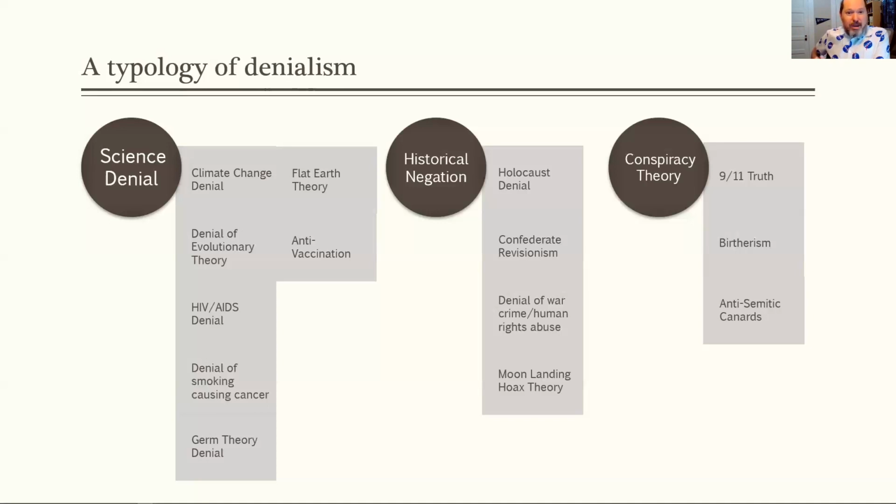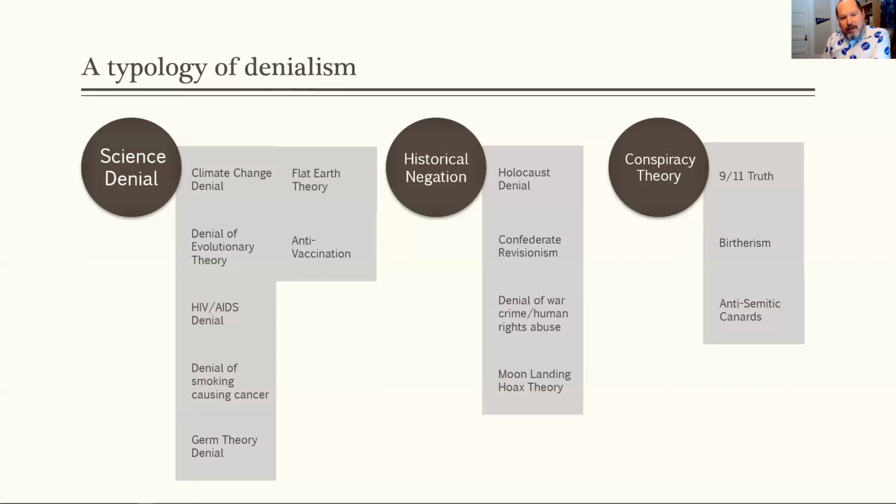Anti-vaxxers say big pharma is involved in a conspiracy to make people believe that these vaccinations aren't harmful or are doing something different. Climate change, they'll see a conspiracy. Some people have seen it as a conspiracy by China for some reason, because they want to hold back our economy or something like that.